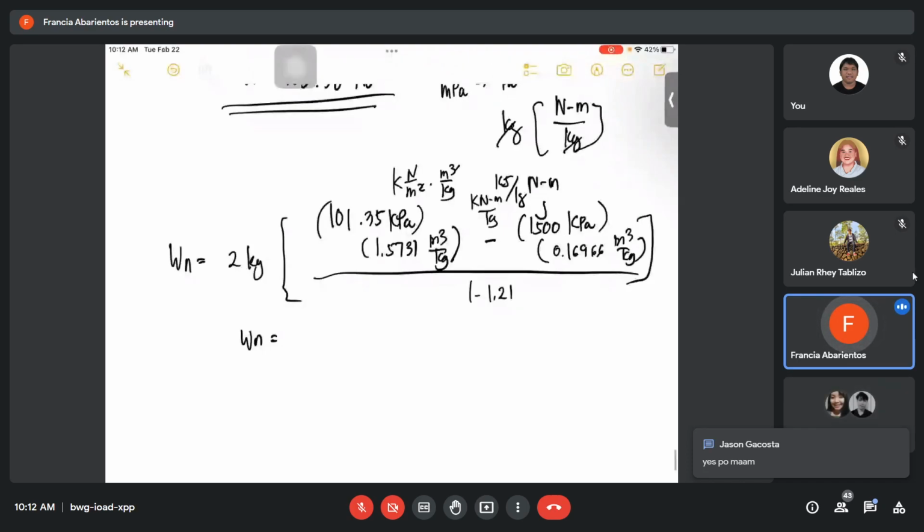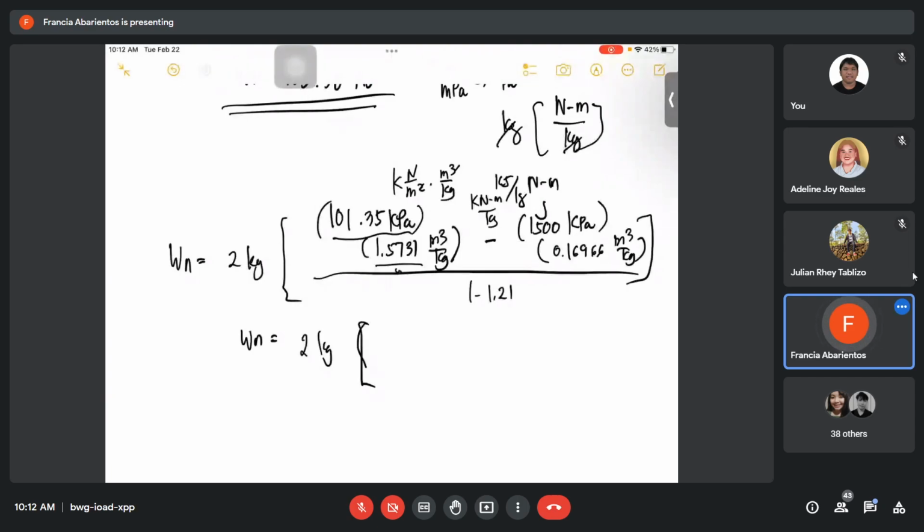Paki-compute nito. 101.35 times 1.57. Ilan? Sige nga. Multiply nyo to, class. Ito. Sa taas. What is the answer? Para by portion tayo.